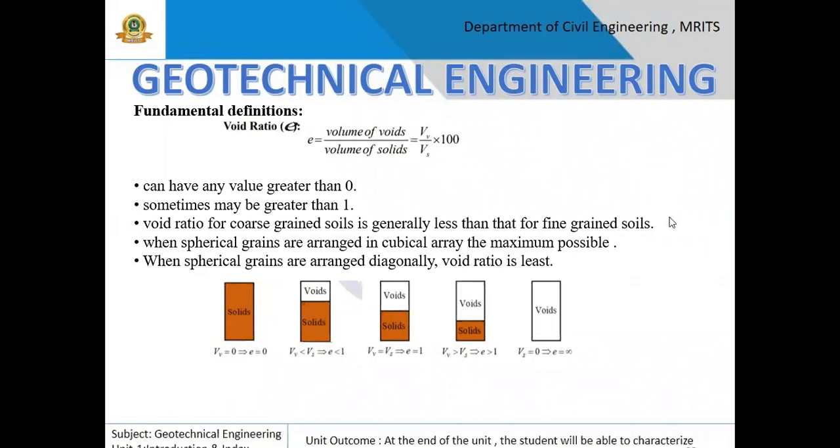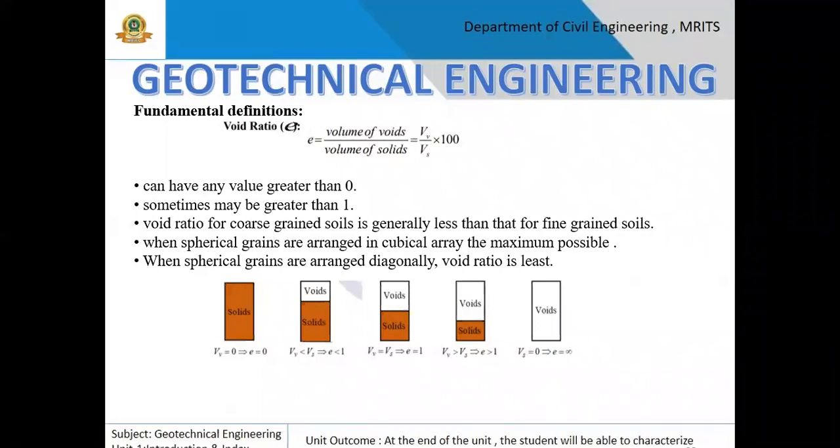So it is denoted by Vv by Vs, volume of voids divided by volume of solids.